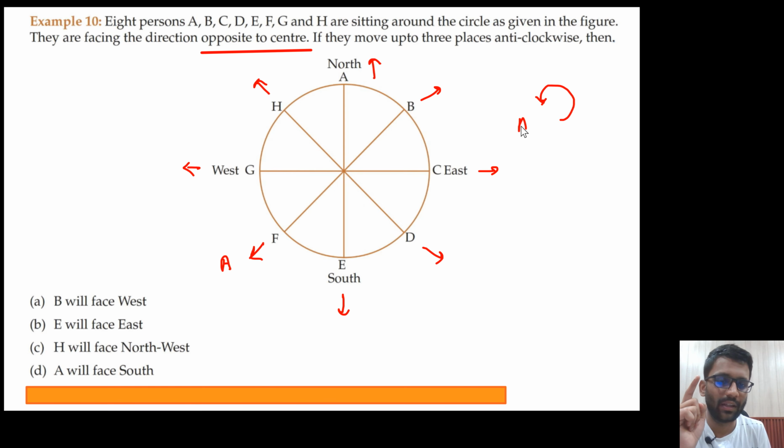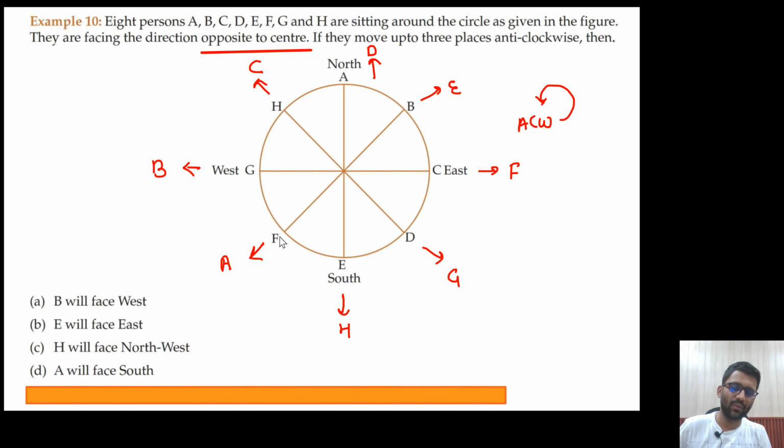So A comes here, then H comes here, then G, then F, then E, then D, then C, and then B comes here. So in this direction we have moved, each one 3 places.